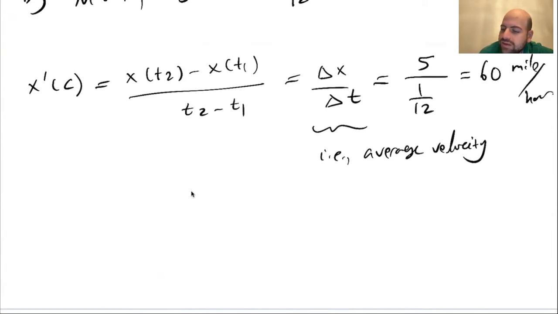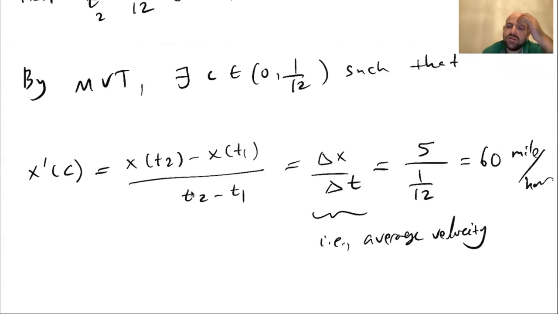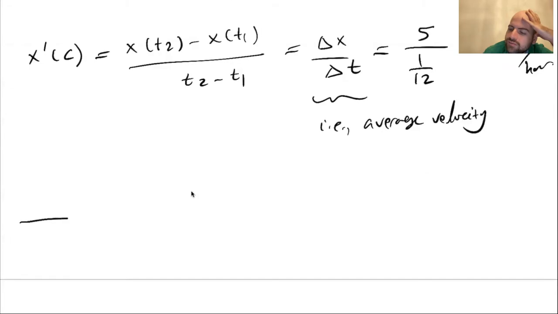So for at least one c value between 0 and 1 over 12, which means between 8:05 and 8:10, at one particular moment, x prime of c becomes 60. X prime of c means what? It means v of c. The derivative of x is velocity, right? So we know that x prime of t equals v of t.